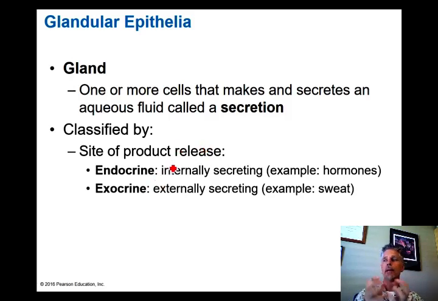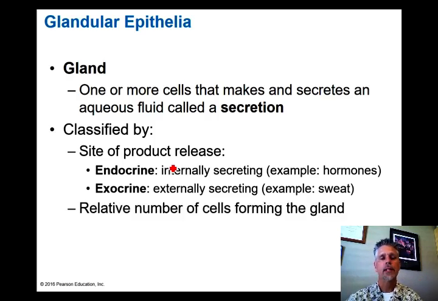Endocrine, they basically create a hormone and then it's released into the bloodstream. And then exocrine, it actually goes into a duct or a pipe that takes it into the local area like your skin, or saliva glands that secrete it into your mouth. So long-term transport using a blood vessel in endocrine, and exocrine uses a duct instead and delivers it to the local area.